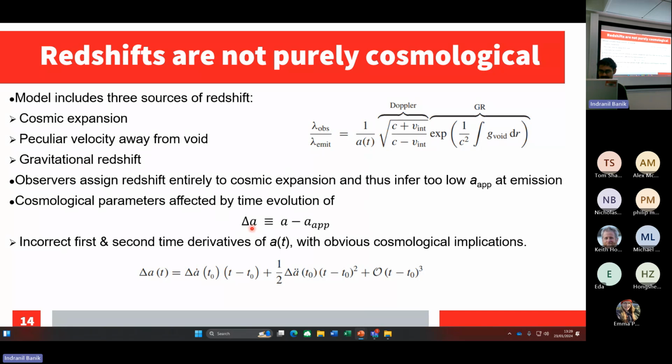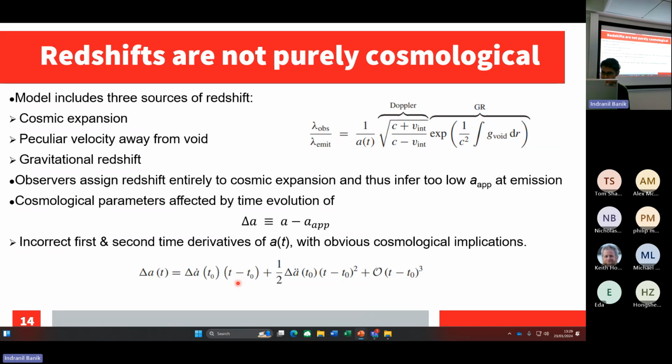This would lead to some delta A, and the time evolution of this delta A would have an effect on the cosmological parameters. So in particular, there would be a time derivative of delta A, which would be reflected in the Hubble constant. You can do a Taylor expansion of delta A. It's a very hard observation to infer more than the first two terms, which is why we've not considered beyond that.